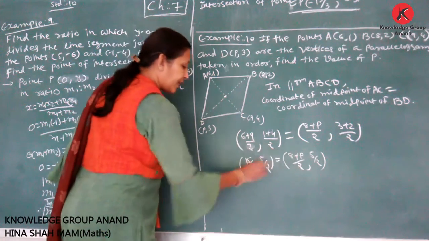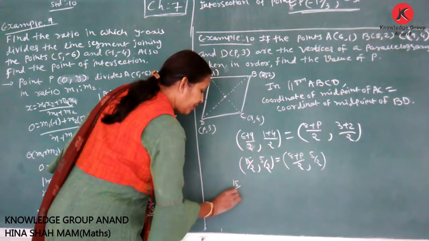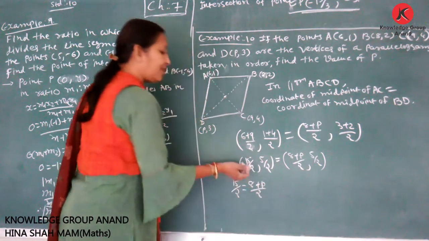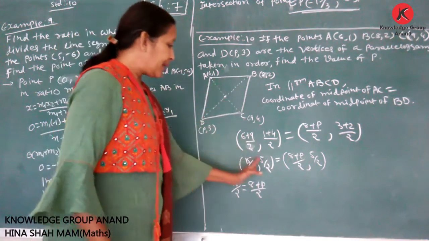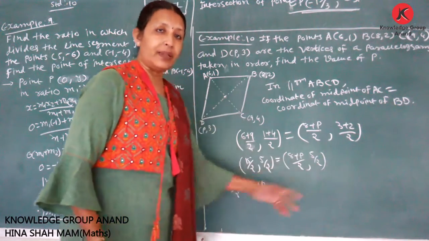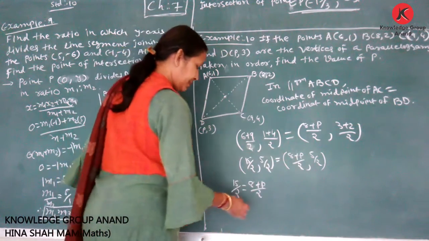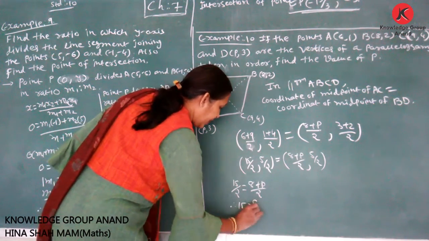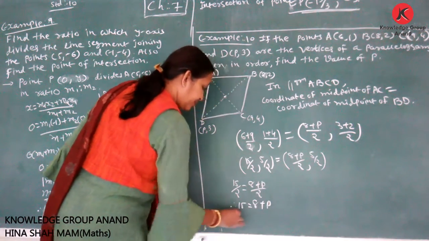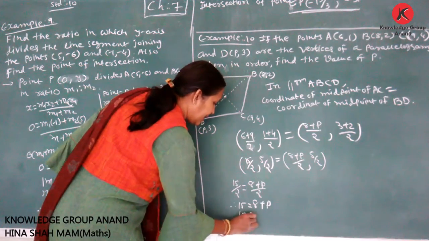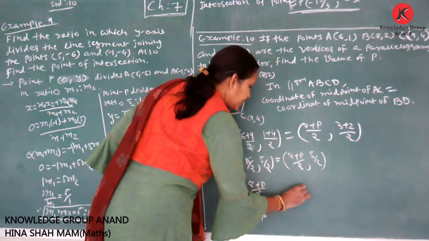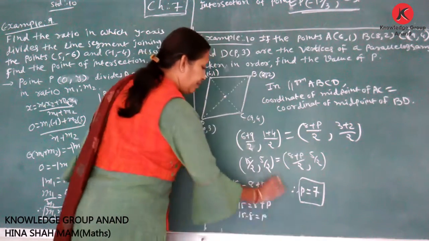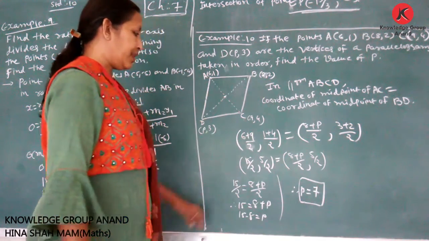We compare the first coordinate: 15 by 2 is equal to (8 plus p) by 2. Here we find only p, but 5 by 2 and 5 by 2 are equal. Therefore 15 is equal to 8 plus p, 15 minus 8 is equal to p. So p is equal to 7.